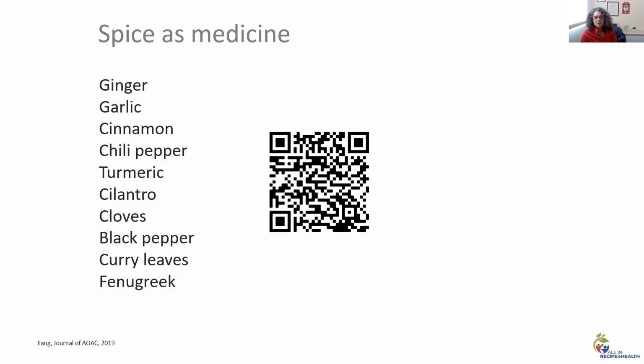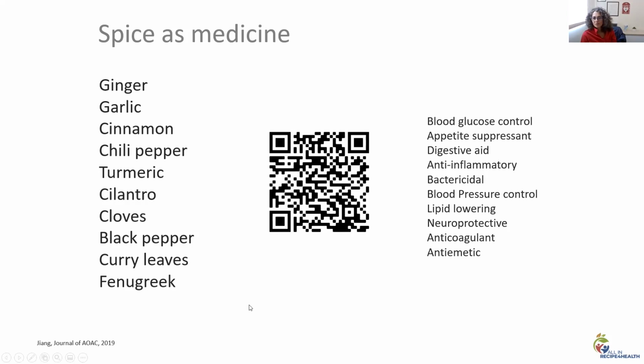And these are the top medicinal effects of spices. If you can give us that, Stephen. There we go. To control blood glucose and appetite, and as a digestive aid. They're anti-inflammatory. They've been used for centuries as natural food preservatives, so bactericidal, to kill the unwanted bacteria in your food.